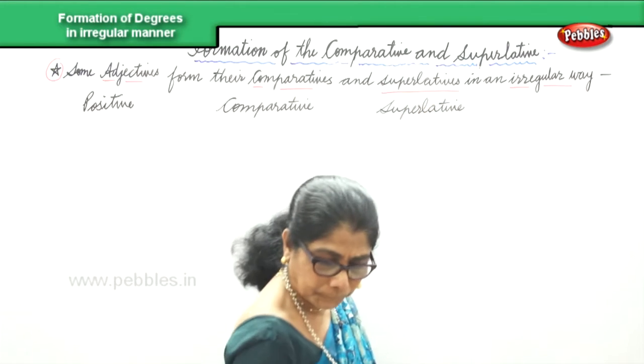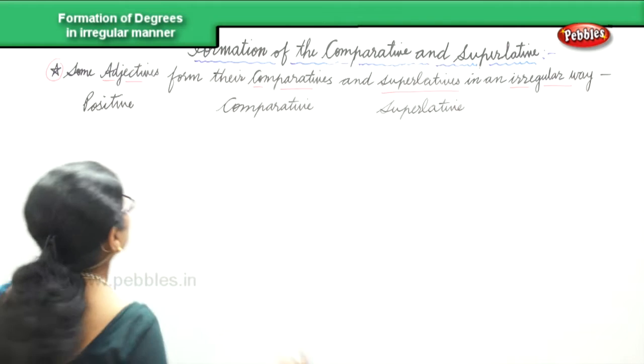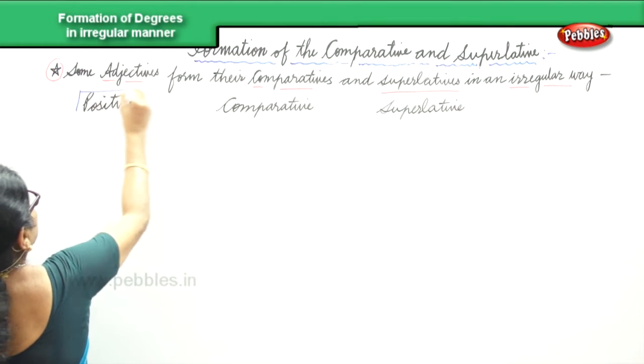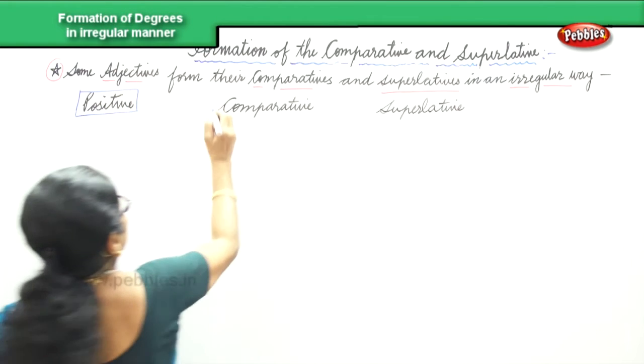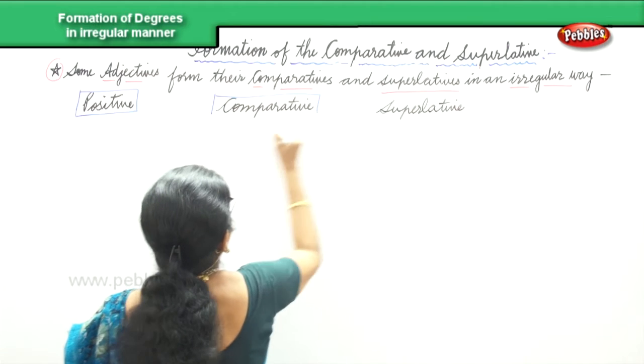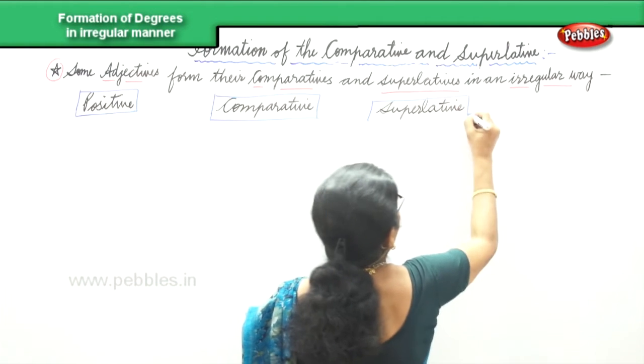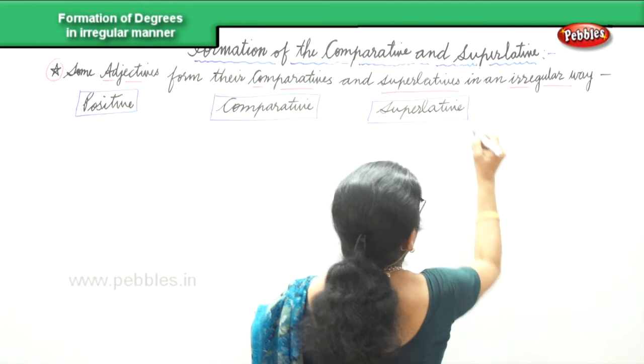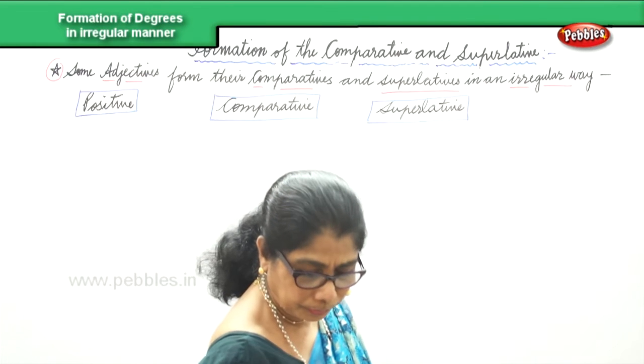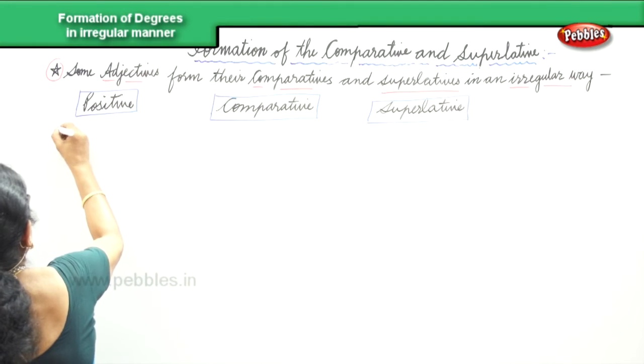Okay, now, positive, comparative, and superlative. Now let's see how, in an irregular way, they are formed. Okay, each of them.